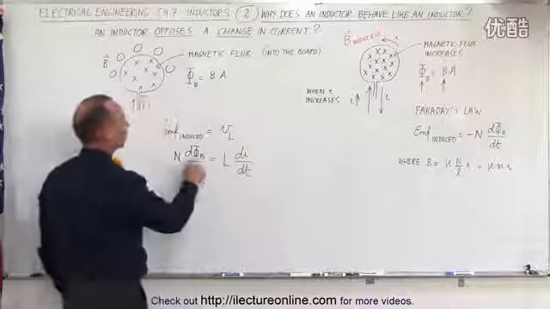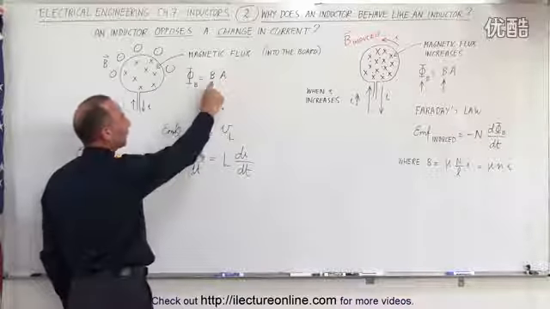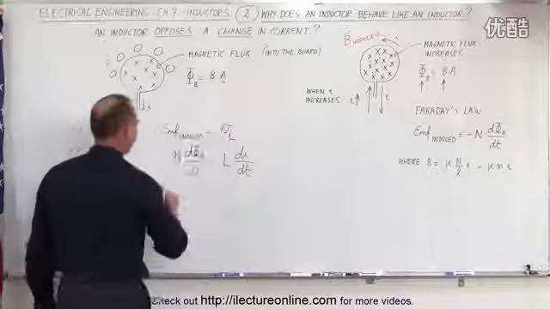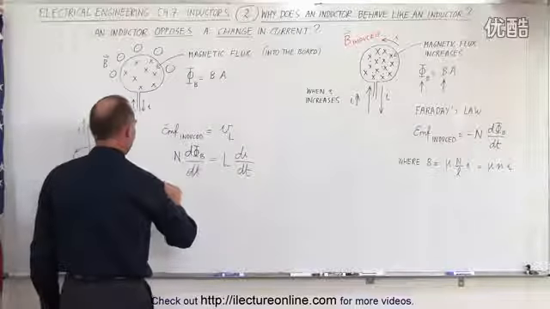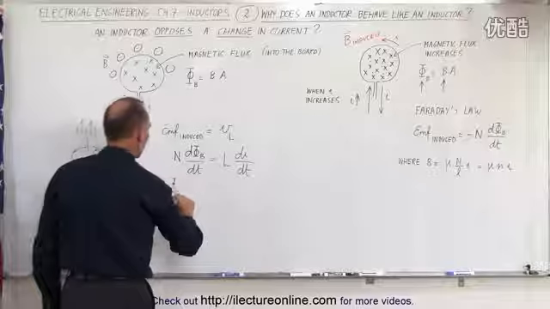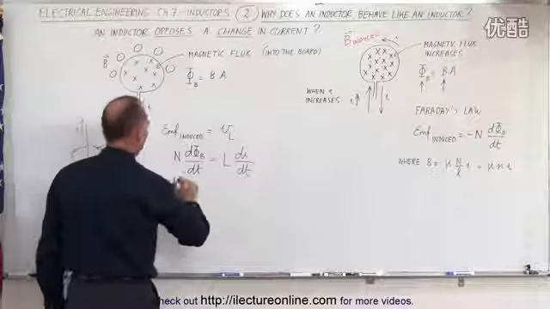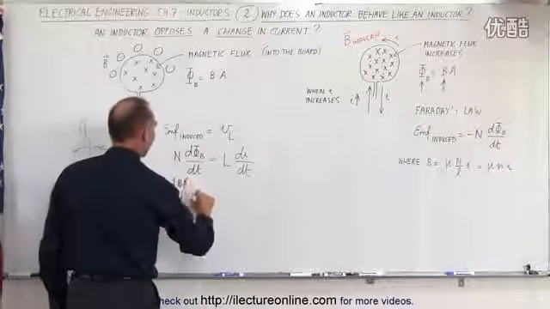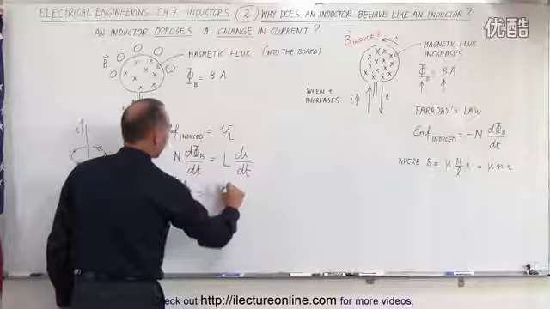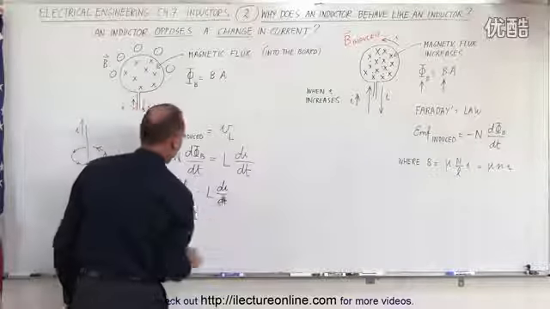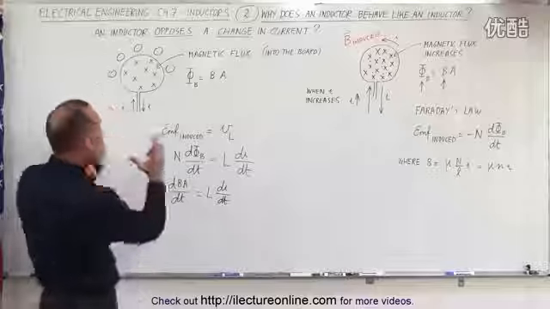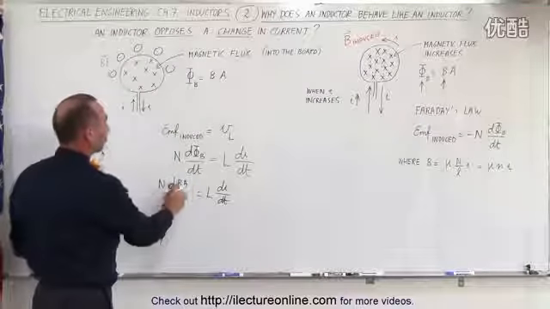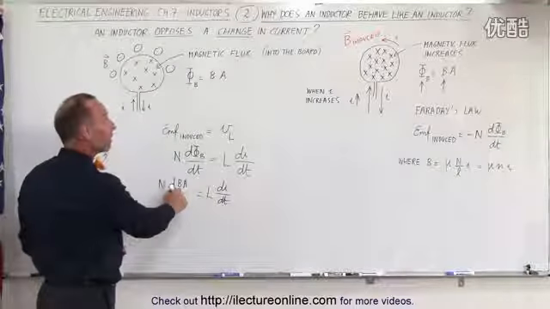And of course, the definition of the flux is that it's equal to the magnetic field times the cross-sectional area. So here we can say that N times d/dt, the rate of change with respect to time, of the magnetic field times the area is equal to L times di/dt. Now, in this case, we're going to leave the loop the same size, so the area doesn't change, but the strength of the B field does change.